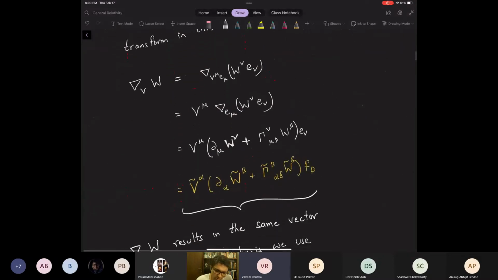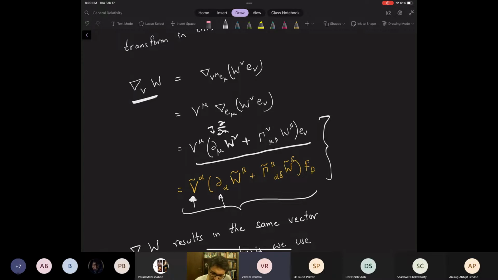What you can show is that the derivative along v of some vector field w, in one coordinate basis, I can express like this, using derivatives with x coordinates. And in another coordinate basis, I can express it using the transformed coefficients of v and w. So v twiddle and w twiddle are the coefficients in the y basis, the coefficients of partial y.